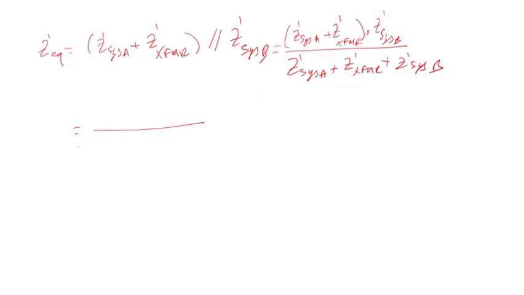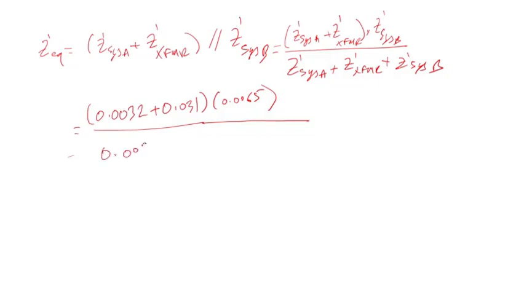If you go back to the diagram, I'm just going to plug in the numbers: 0.031 times 0.0065, and all these values are in per unit on a 100 MVA base. Then it's just the sum of all these impedances.